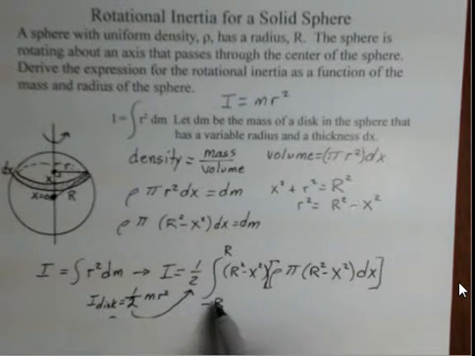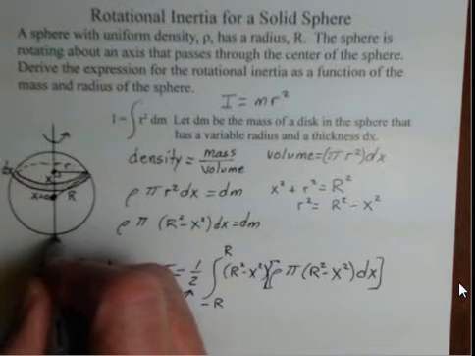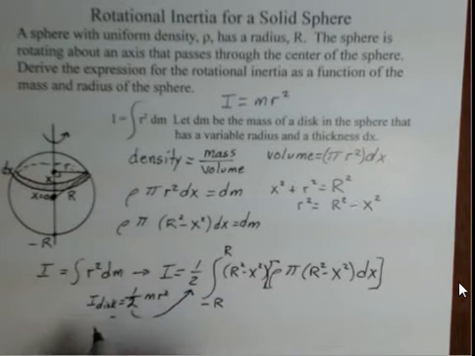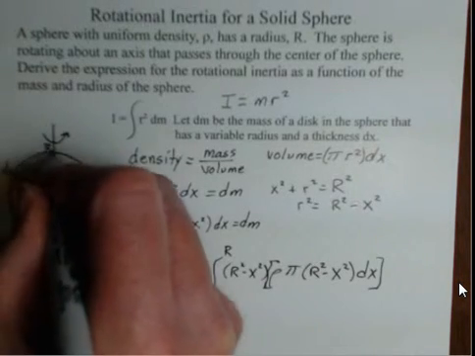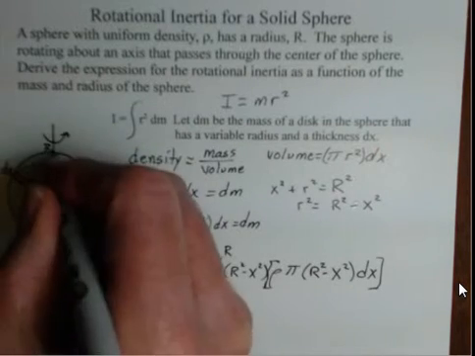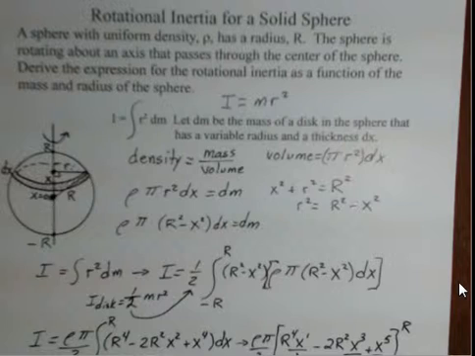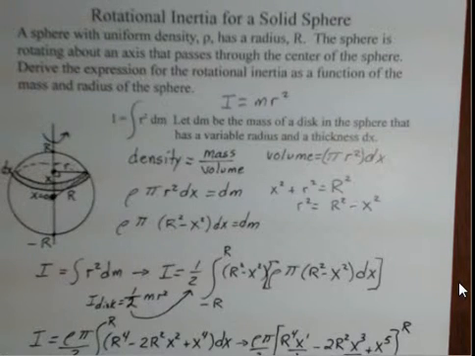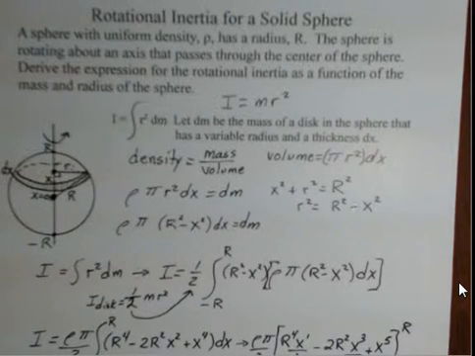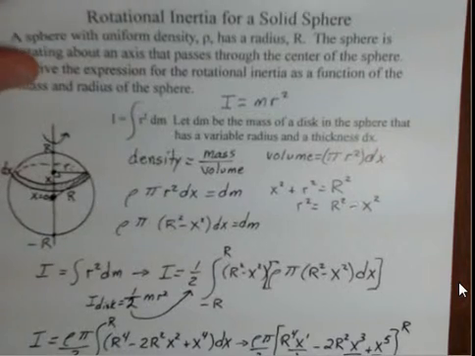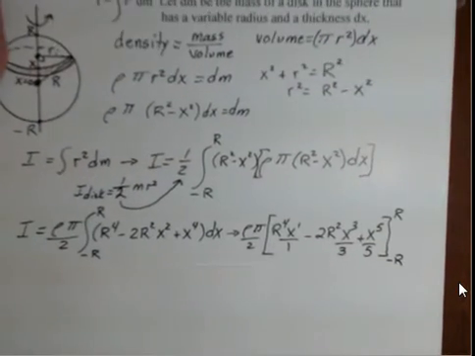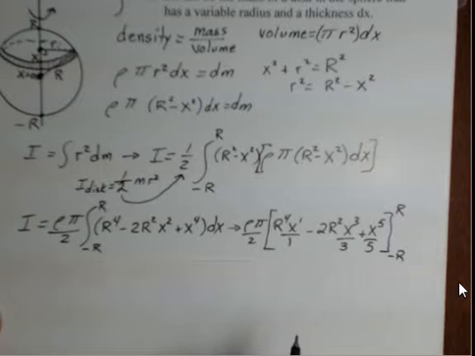We're going to take this antiderivative from x being at the bottom here, minus R, to x along this rotational axis being at the top at plus R. So it's a little tedious, a little messy, but it's not hard. So kind of follow along here with your calculus skills and your algebra skills.